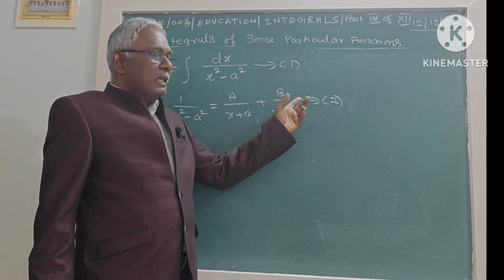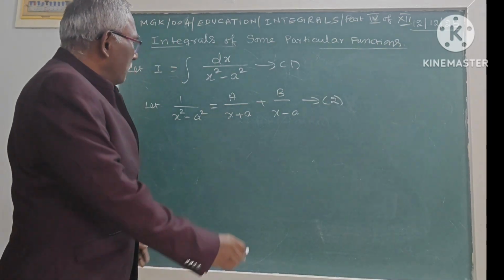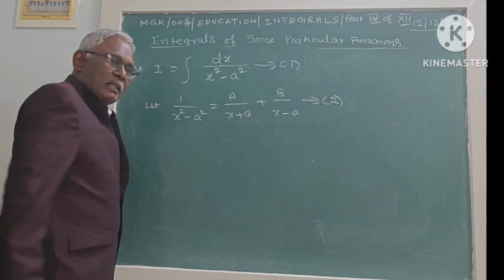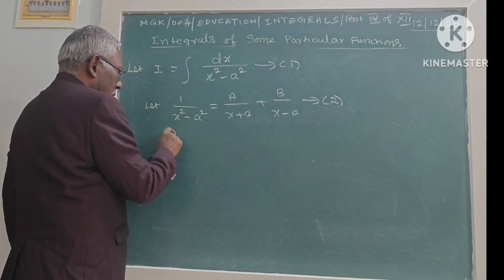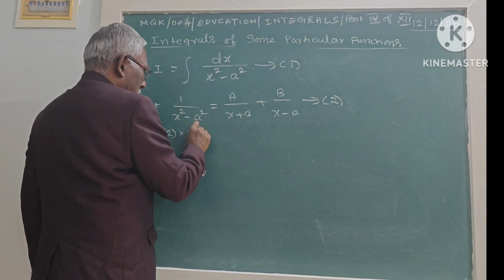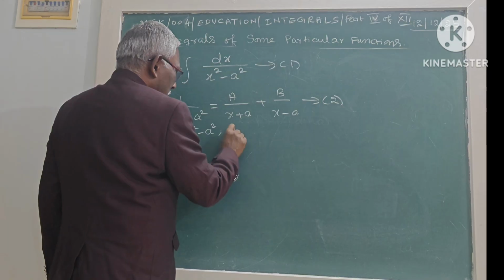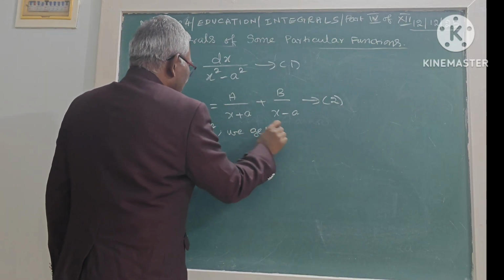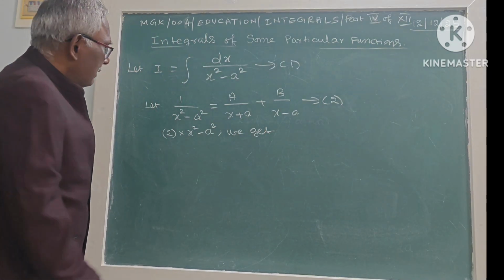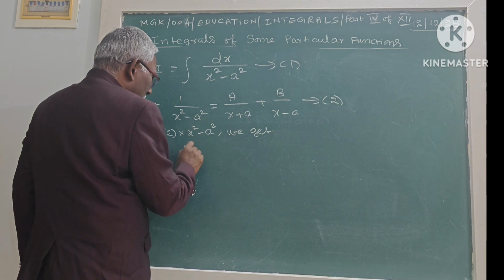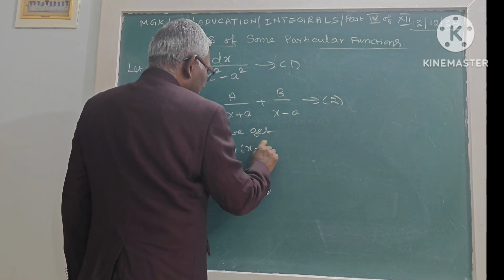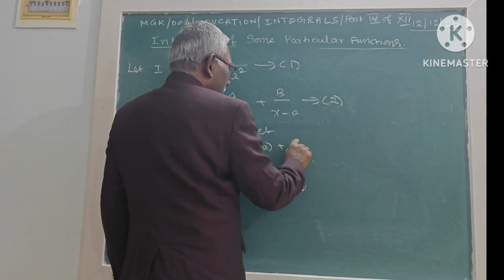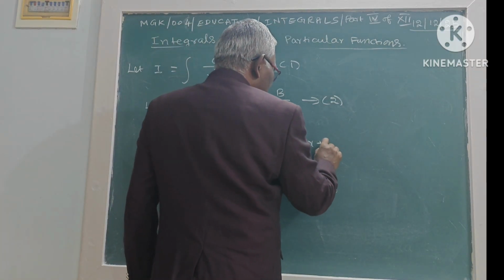How to find the values of A and B? Just multiply throughout by x square minus a square. If we multiply throughout by x square minus a square, the left hand side becomes 1, is equal to A into x minus a plus B into x plus a.